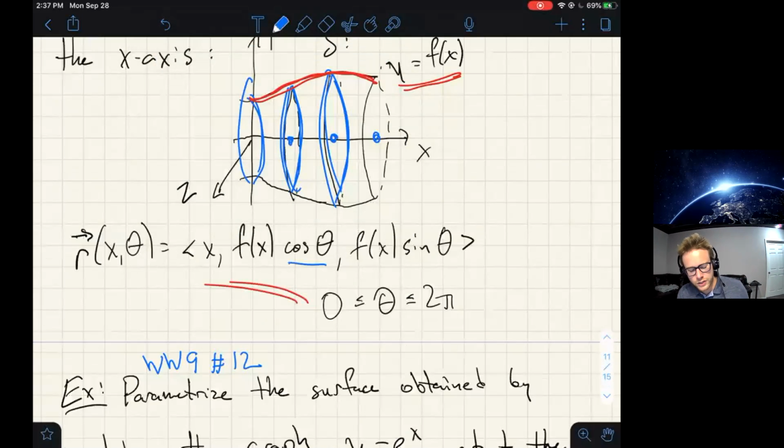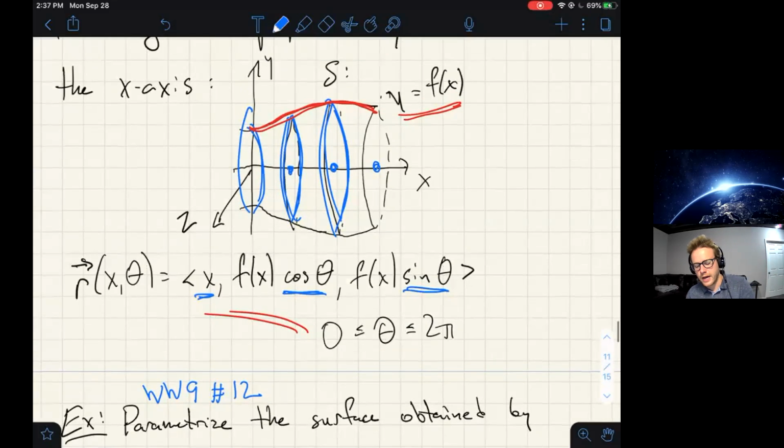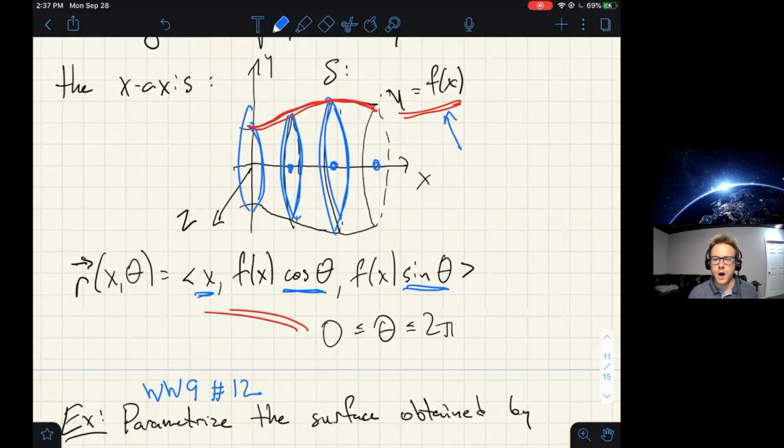Again, you can see all of the circular stuff, the fact that we're taking this height and spinning it around in the XZ plane, right? Or around the x-axis. All of that circular stuff is happening in the y coordinates and the z coordinates. Of course, we need to specify where we are, what is our x value. And we also need the height, right? Remember, the height depends on x, y equals f of x. So once you tell me what x value we have as one of our parameters, the function will tell us what the height is.